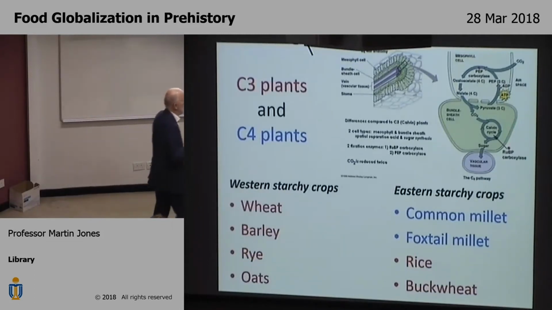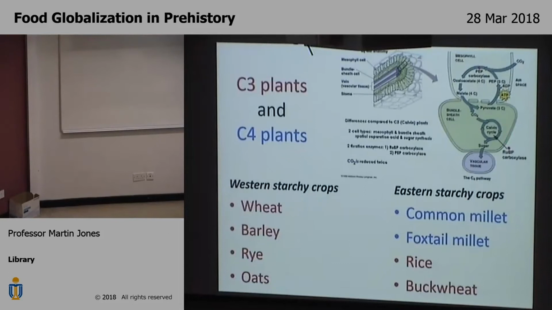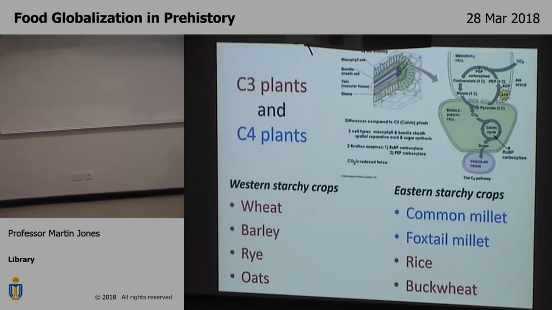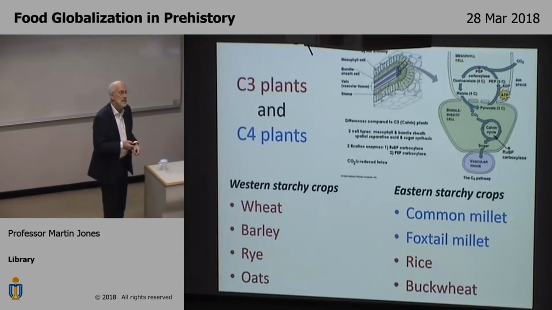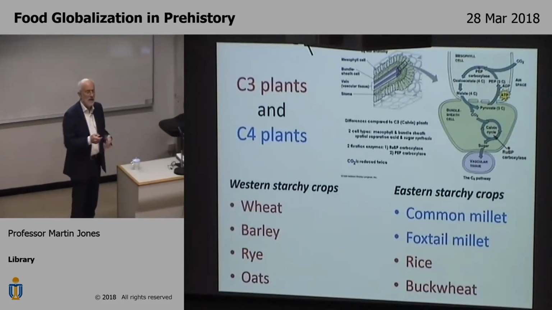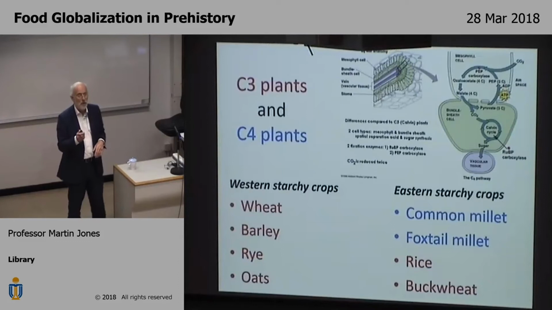And the reason they do that is they work well for plants that occur where there's a lot of sunlight, but water may be stressed. And in those circumstances, this kind of turbocharger is quite advantageous. And they're called C4 plants.